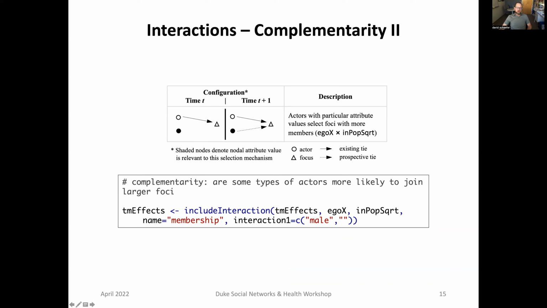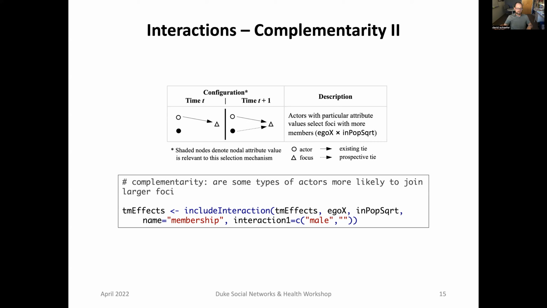So are certain kinds of actors more drawn to foci that are more popular, or drawn to larger foci? Again, this is an actor level attribute and a foci level position or degree in this case.